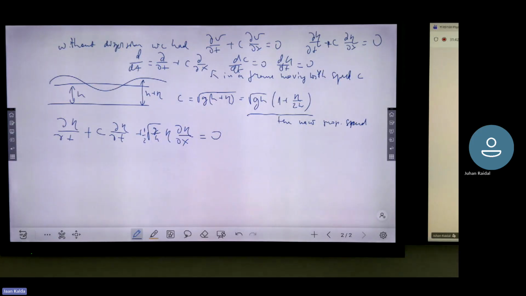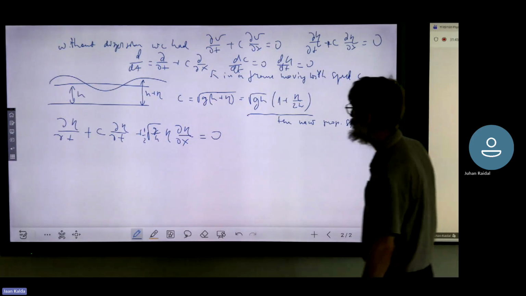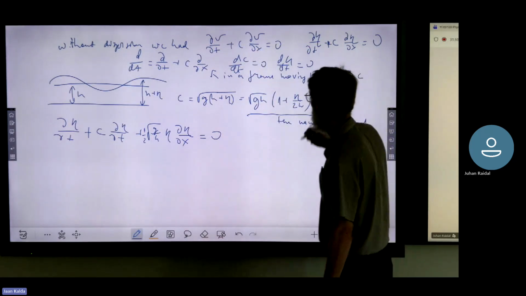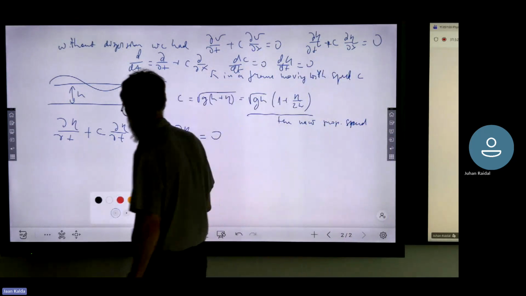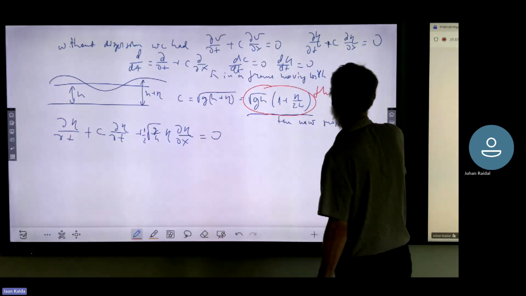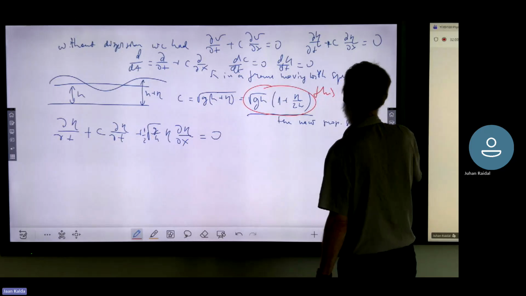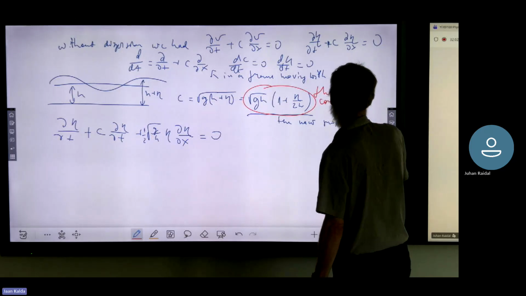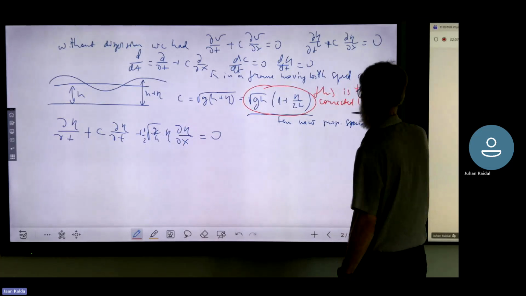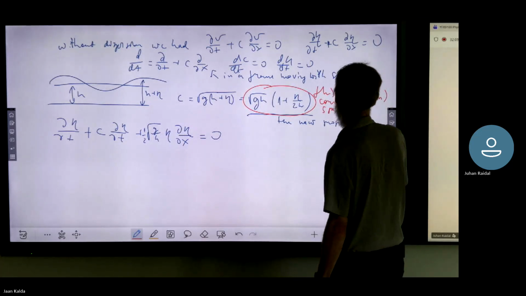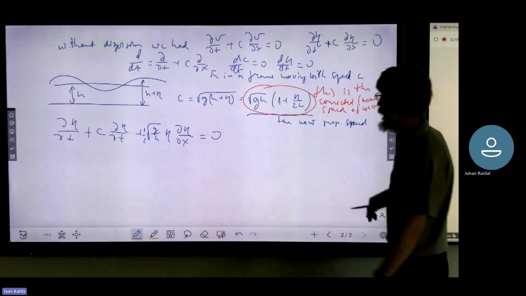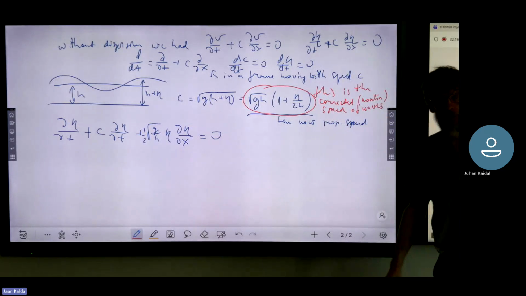But now we have the same thing, but instead of c, we have a modified c. Now this goes in. This is the non-linearly corrected speed of frames, which now depends on the wave height.